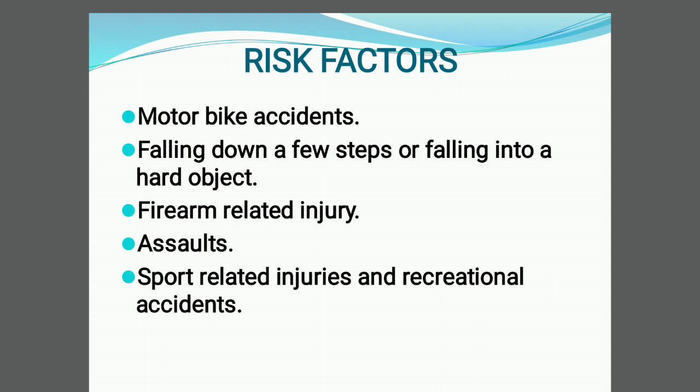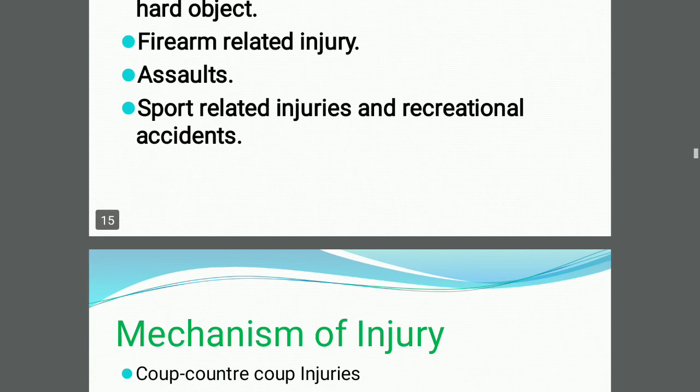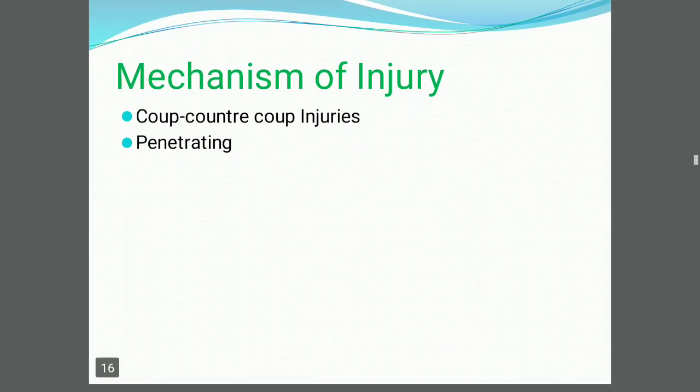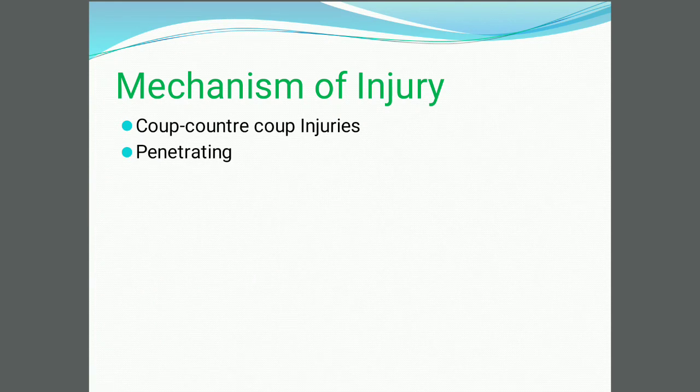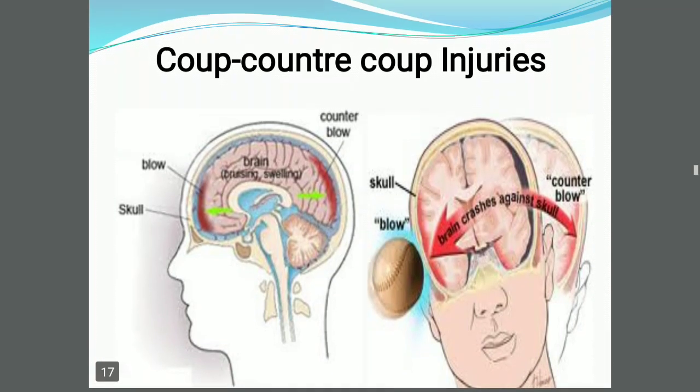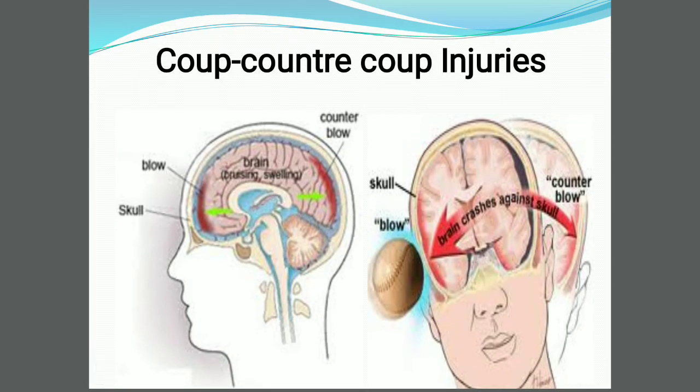Before we proceed with the pathophysiology, let's talk a bit about the mechanism of injury. In the mechanism of injury, two things happen: coup-contrecoup injuries and penetrating injuries. Coup means the injury that occurs to the brain directly.